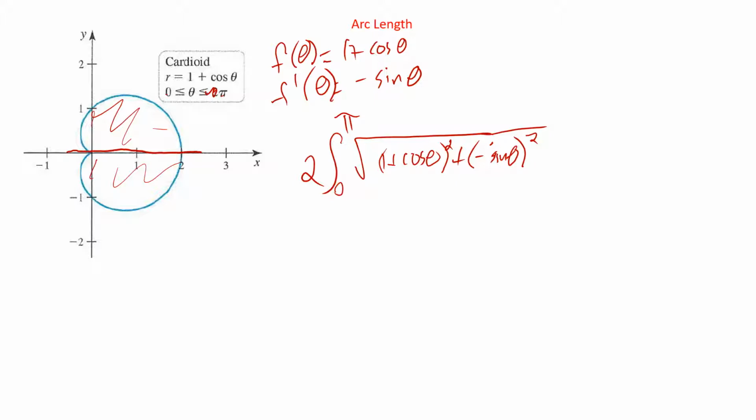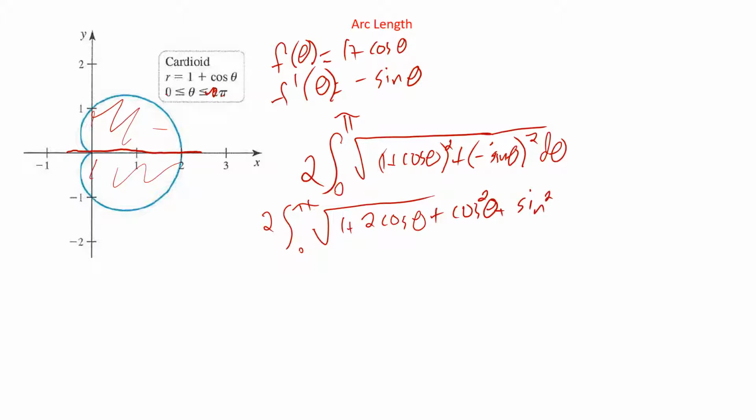So we can square the pieces. 0 to pi of the square root, we have d theta up here. 1 plus cosine theta squared will be 1 plus 2 cosine theta plus cosine squared theta. And then negative sine squared, it'll be plus sine squared theta.